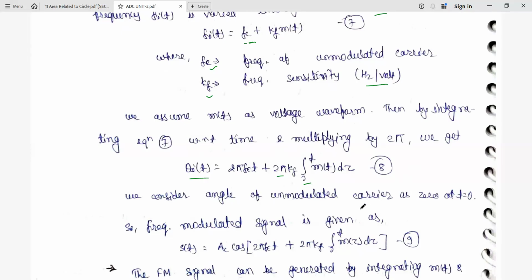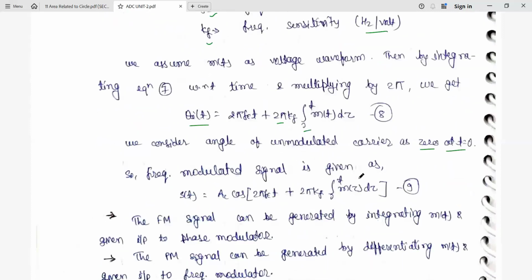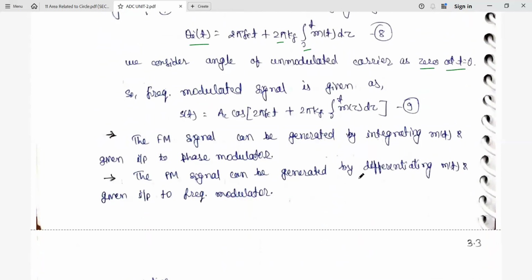Here we consider the angle of the unmodulated carrier at t equal to 0 as 0, like we saw in phase modulation. Similar consideration we make here also. So this frequency modulated wave is again AC cos theta I of t, and we already have the theta I of t value.